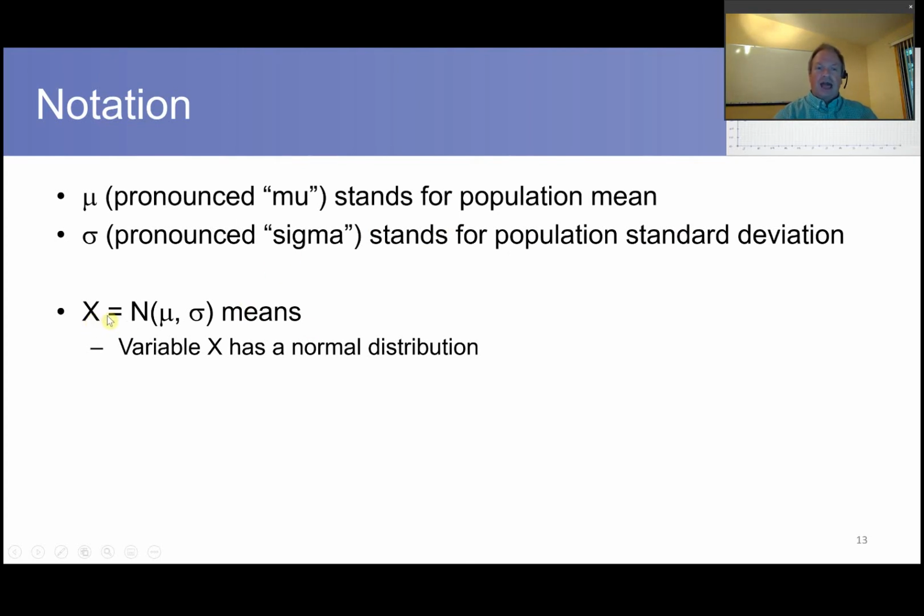When I write capital X equals N, and in the parentheses I put mu and sigma, what this means is I'm looking at a variable X, and the equals N is read as has a normal distribution with mean mu and standard deviation sigma.